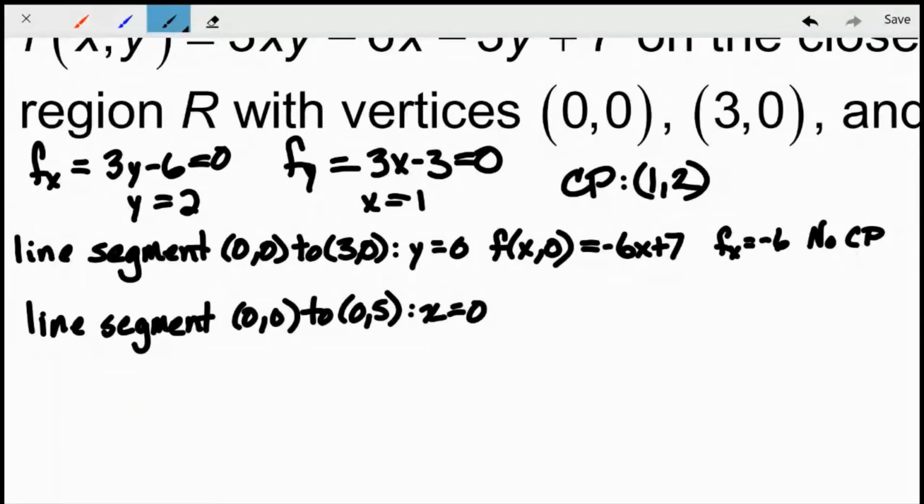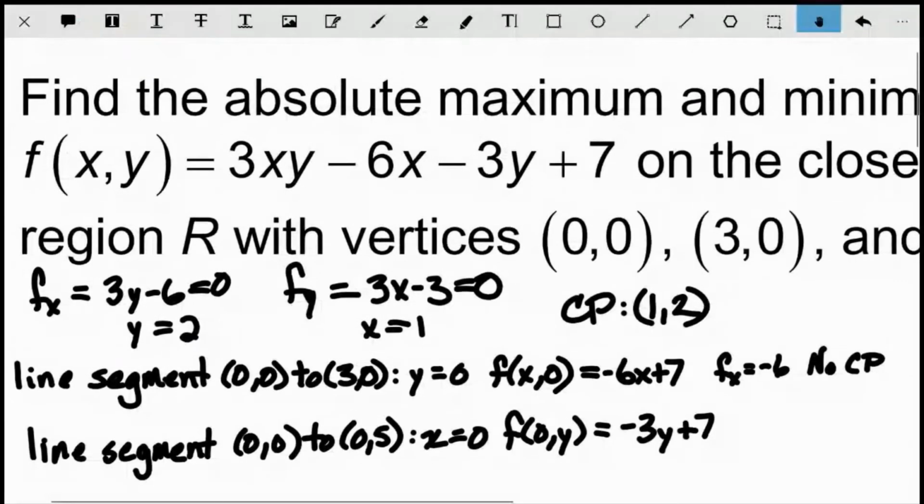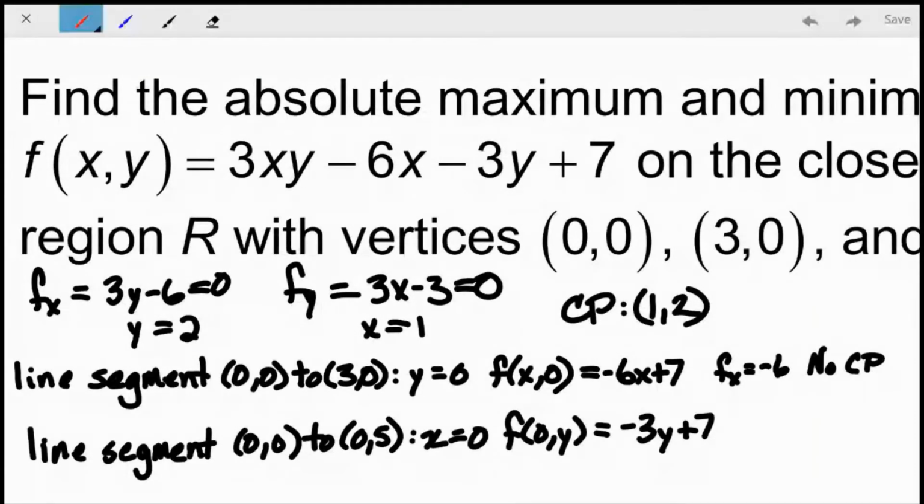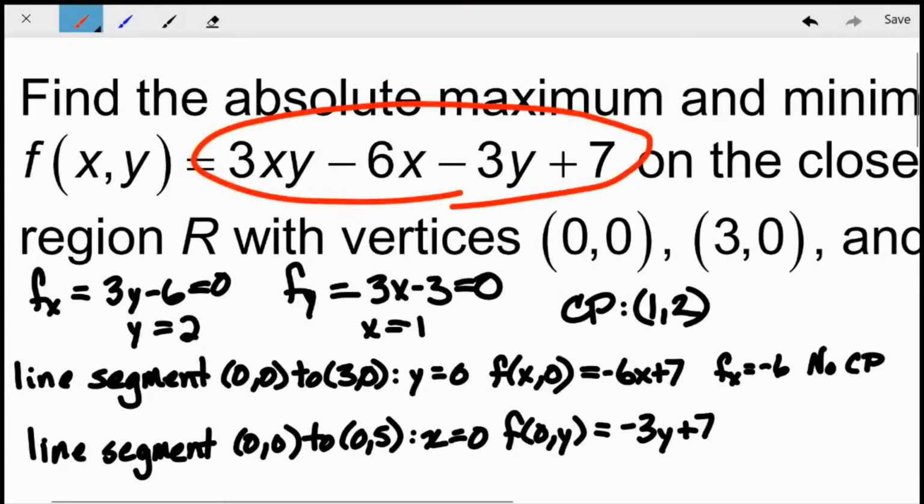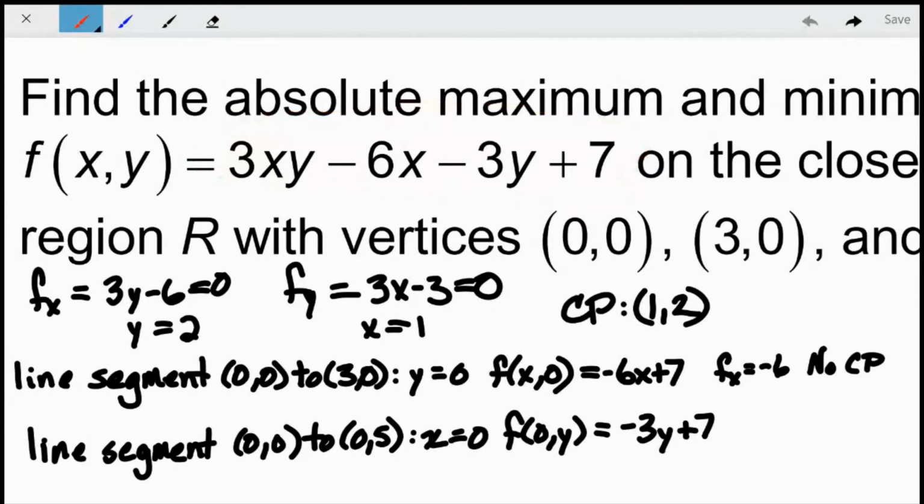So if I were to evaluate my function, it's essentially f of (0, y), which is the same as negative 3y plus 7. And all I'm doing is I'm taking the original function, this one up here, and I'm saying, okay, I know x is 0. That basically eliminates all of those x terms, and then I'm just left with the negative 3y plus 7.